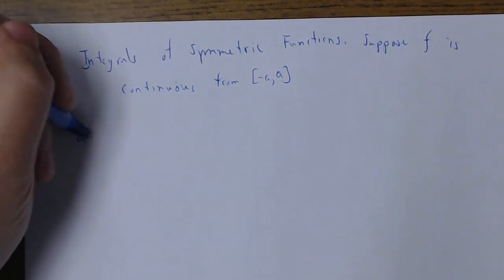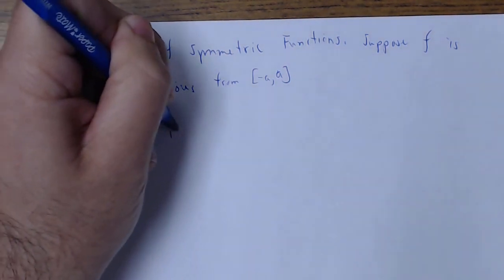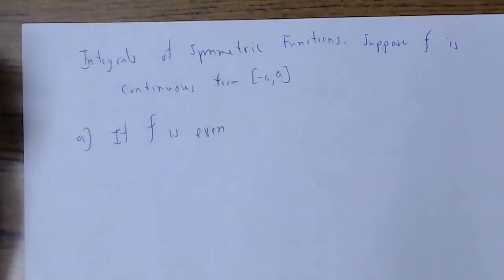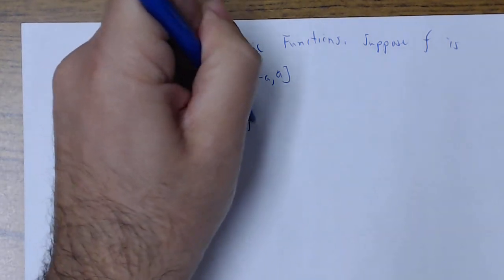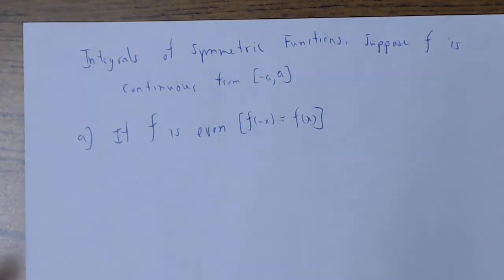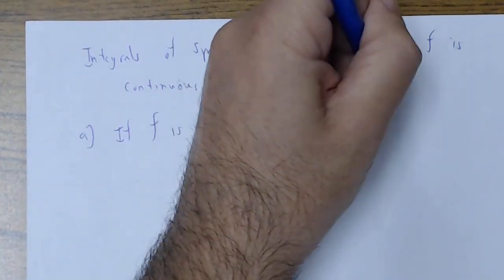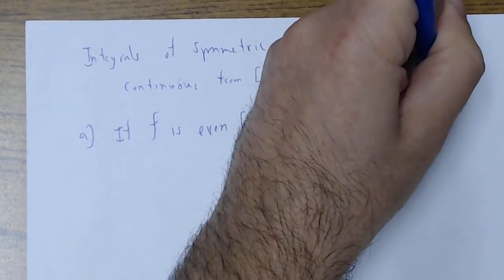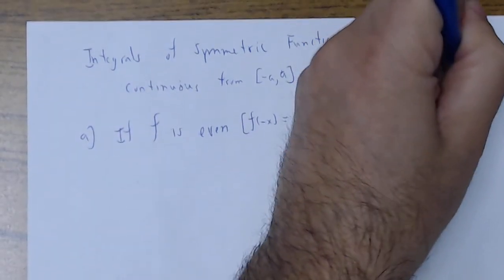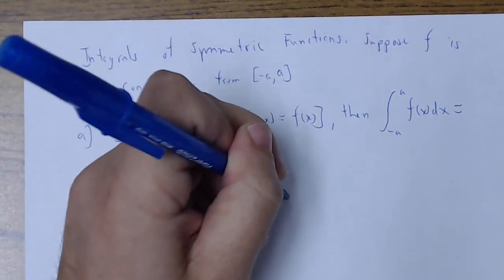So look at this first comment we're going to make. If f is even, which we know means f of -x equals f of x, it's symmetric with respect to the y-axis. Then the integral from -a to a of f of x dx equals... let me draw this out.